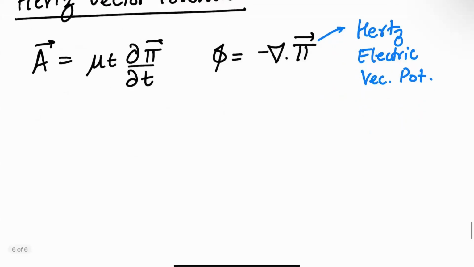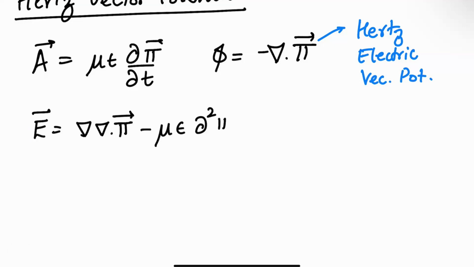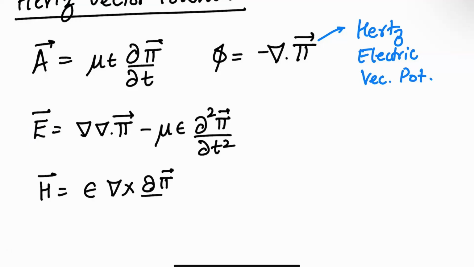So given this, we can make these substitutions for A and phi in the relationships for E and H, and that will give us what we want, which is that E is equal to gradient of divergence of pi minus mu epsilon d squared pi over dt squared, and H is equal to epsilon times the curl of d pi over dt.